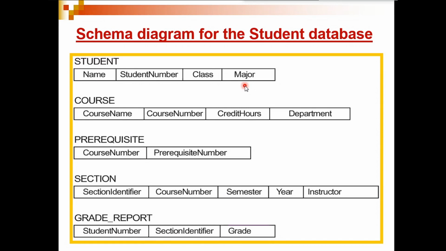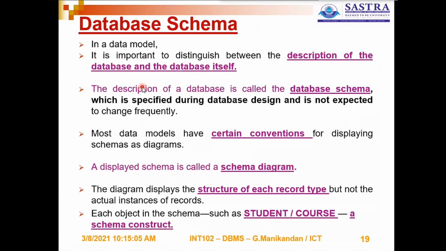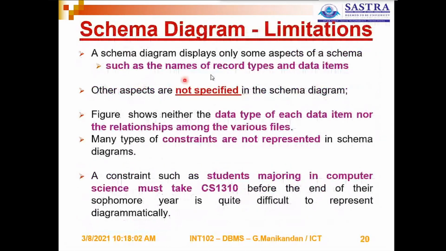Apart from that, you cannot infer any additional information. What is the data type? What is the size? What is the relationship? Whether you are going to have any constraint. Nothing can be inferred from this schema diagram. That is the major limitation in your schema diagram.